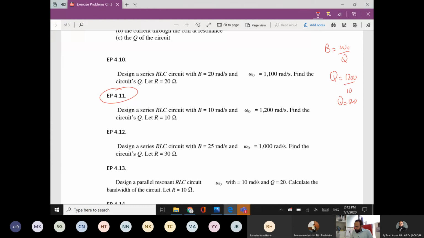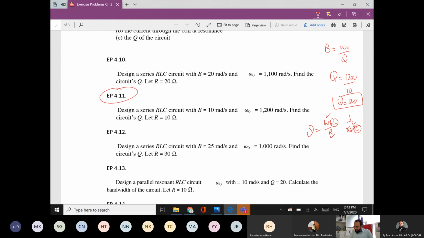So once we have Q, we have to find L and C. And if we remember the formula for quality factor, it's either omega naught L upon R or 1 upon omega naught RC. So once we have Q, we can find L and we can find C because omega naught is known and R is known.